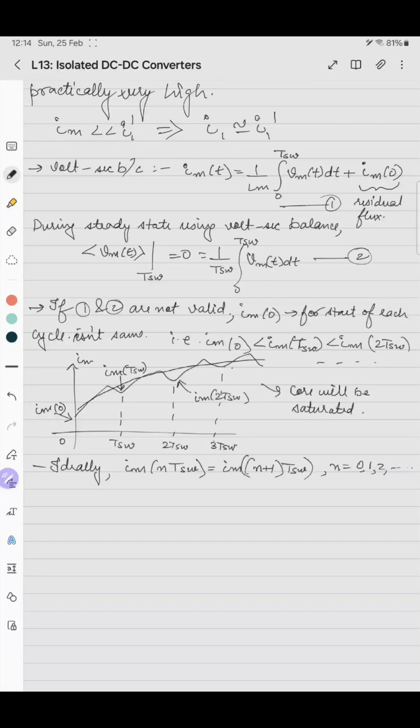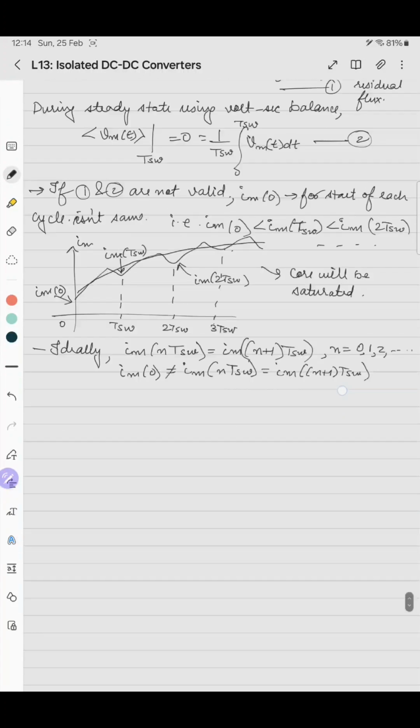That is, at the end of each switching cycle, the value of Im should be 0. Or you can say that Im of 0 should not be equal to Im of n into t switching, which is equal to Im of n plus 1 into t switching.